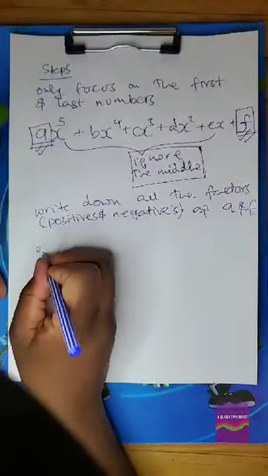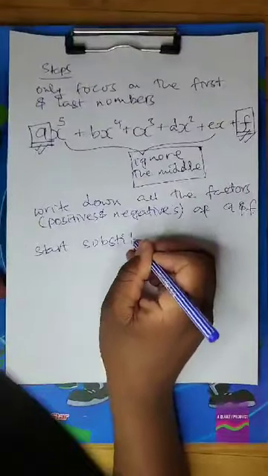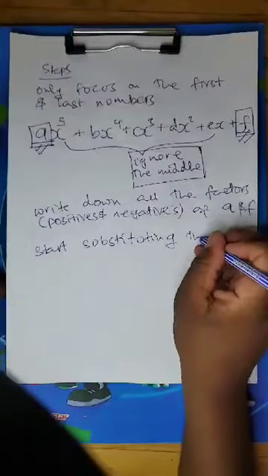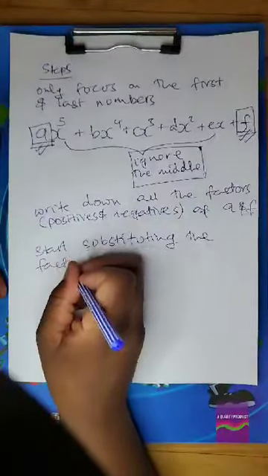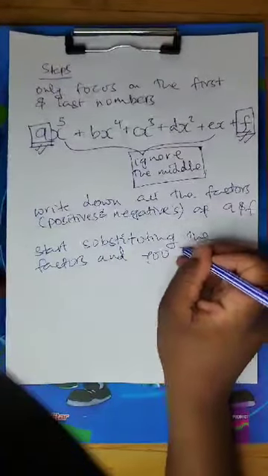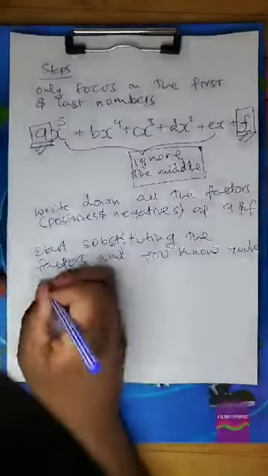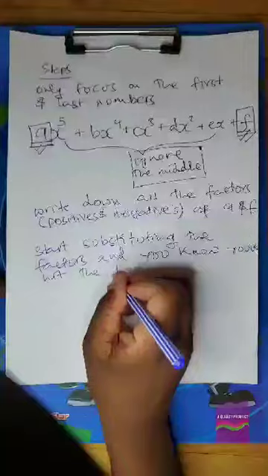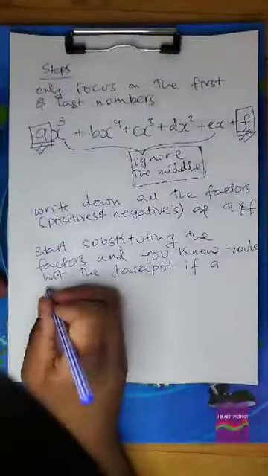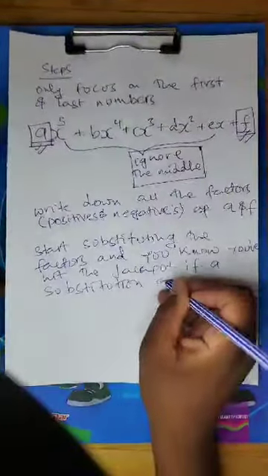Next, start substituting the factors, and you know you've hit the jackpot if a substitution gives you 0.